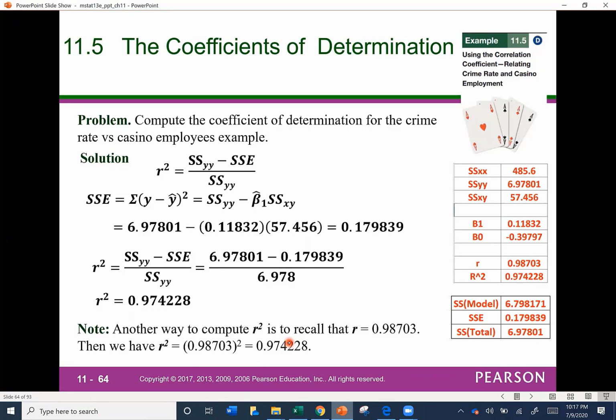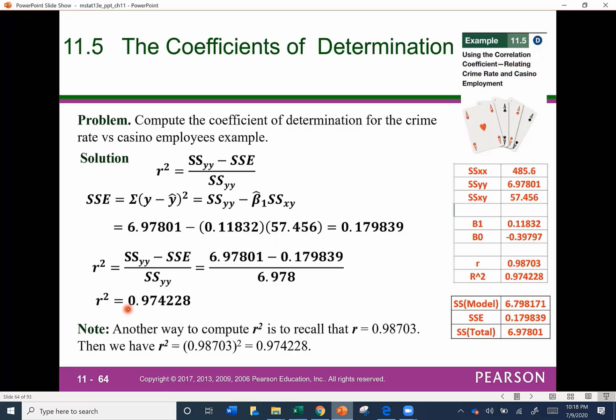But the most important thing is the interpretation. Because if the coefficient of determination is 97%, that implies that my model, in which I use the number of employees in casinos in this city, explains 97% of all variability in the crime rate in the city.